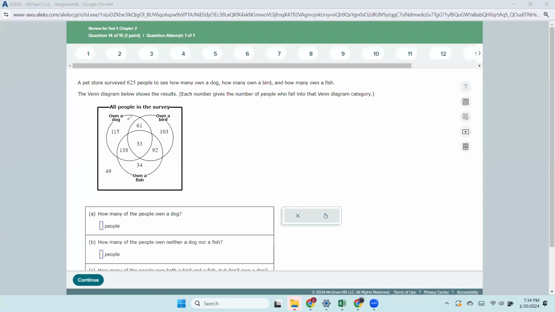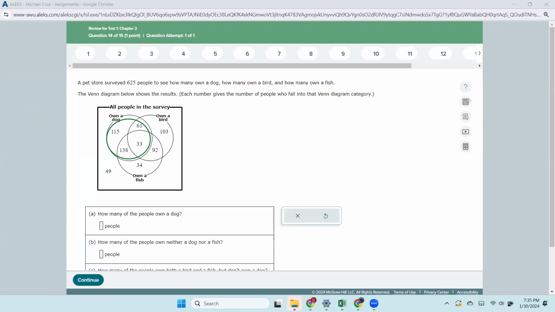So here are the dog folks right there. That's the dog. I was trying to make it a little bit better than that. So how many people own a dog?